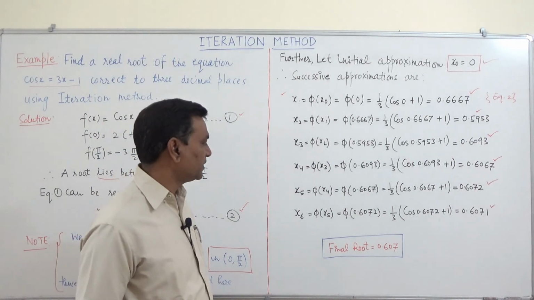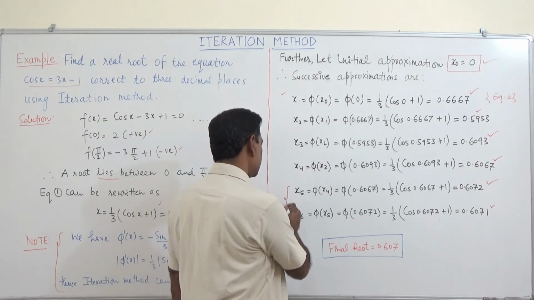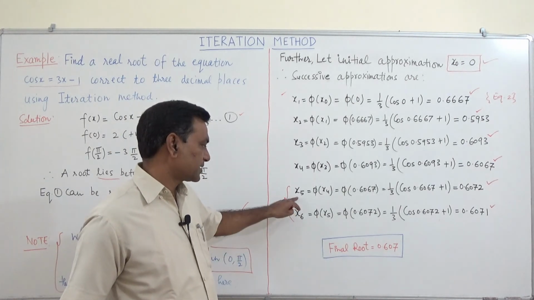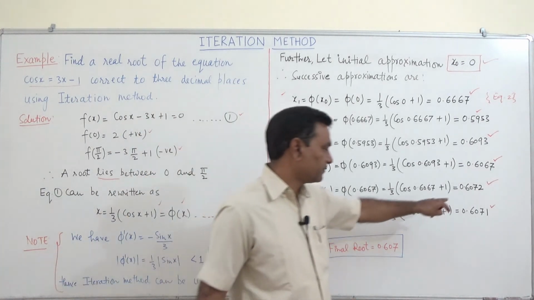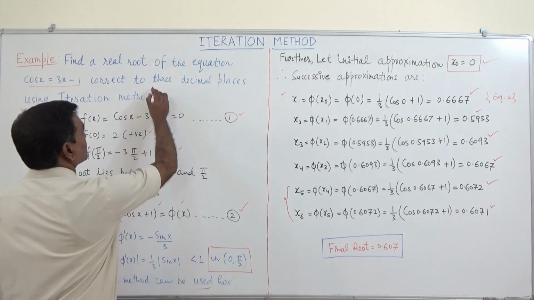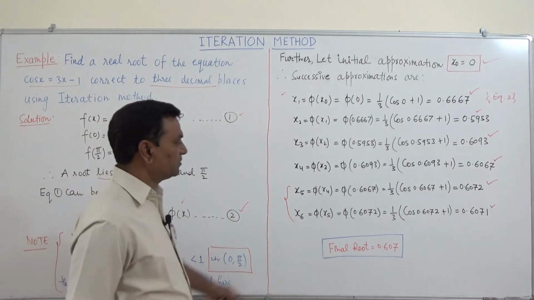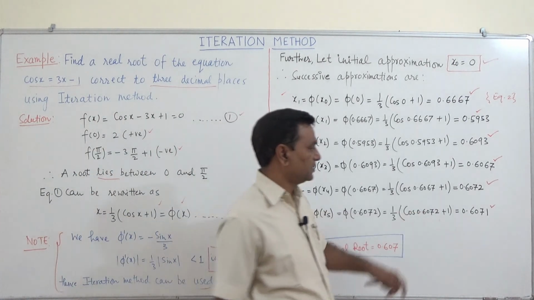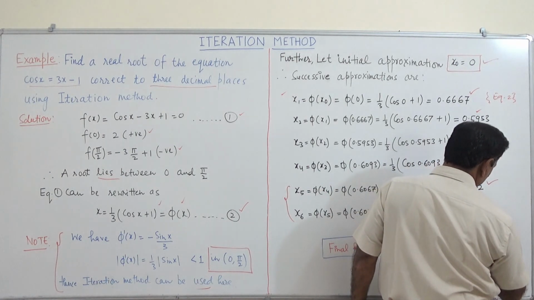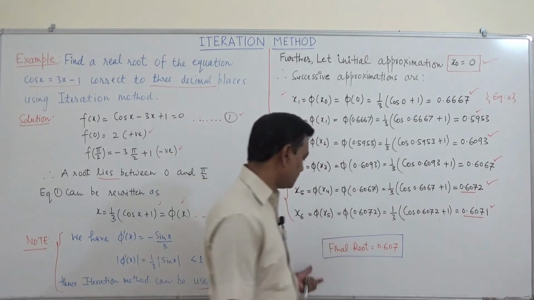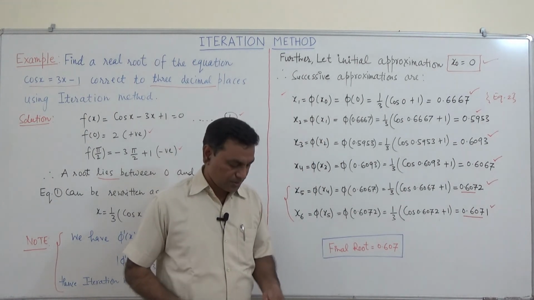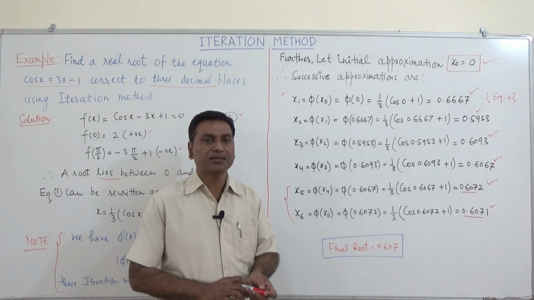Now from here, these two approximations, x5 and x6, are almost the same, because we have to find the value up to 3 decimal places. The values of x5 and x6 are the same up to 3 decimal places, 0.607 and 0.606, almost the same. So we can say the final root will be 0.607. In this way we have calculated the value of the root.